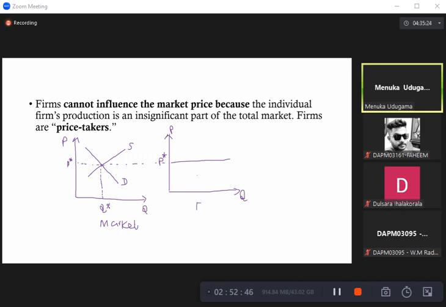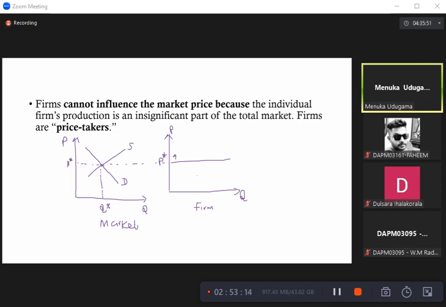So if you take an individual firm, I cannot decide. I mean, I can decide, but if I increase the price, what would happen? We all sell the same homogeneous product. If I increase my price, nobody would want to buy from me because everybody else sells the same good at a cheaper price. So I will not make any profit. Instead, I will lose because nobody would buy from me, right?